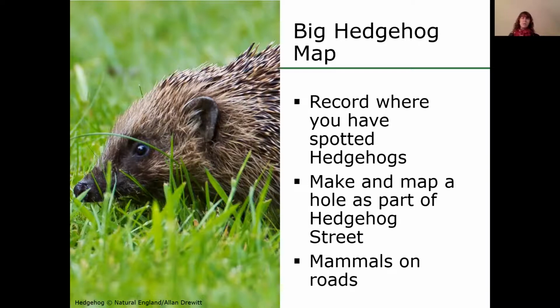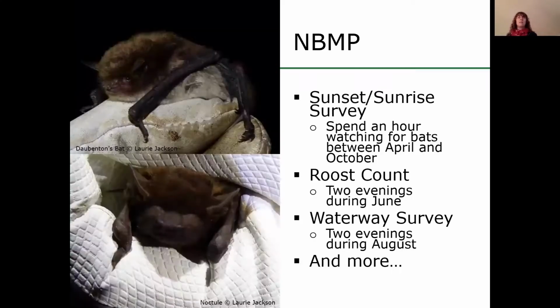It's thought about 150,000 hedgehogs are killed on the roads every year, and it will be tens of thousands of other mammals as well. And for things like hedgehogs, whose numbers are quite low now, this could have a significant impact on their population. So again, capturing this information, although it's not necessarily nice to see, it's really important data.